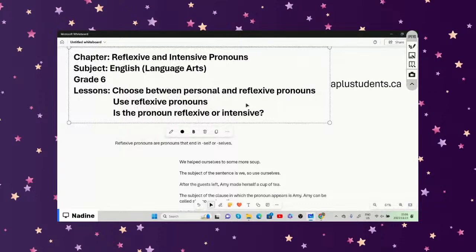The lessons we are focusing on today are to choose between personal pronouns and reflexive pronouns, to use reflexive pronouns, and to decide whether the pronoun is reflexive or intensive.